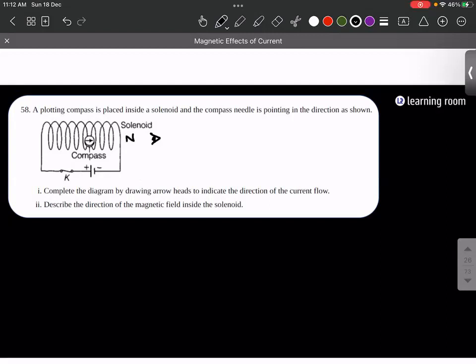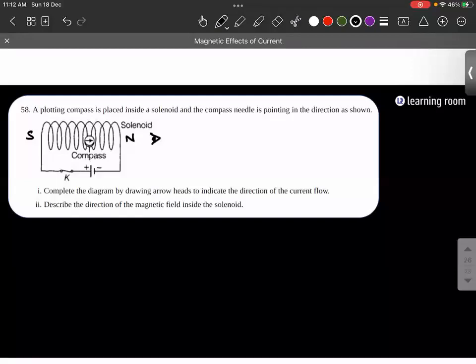Then this will be the South Pole. So can you explain again? Inside the solenoid, what is the magnetic field? It is from south to north, no?